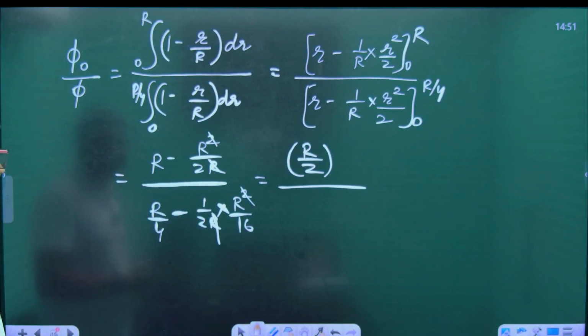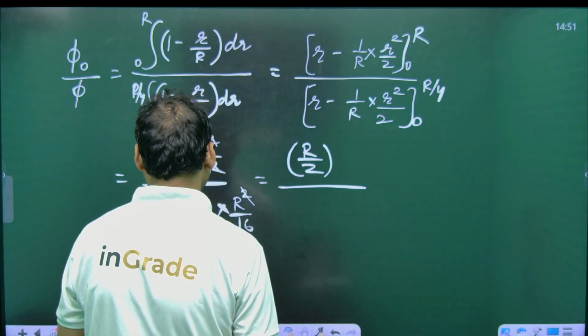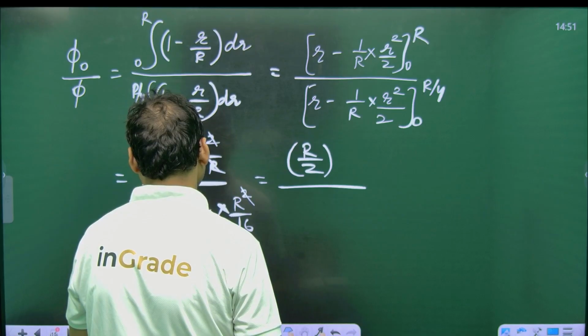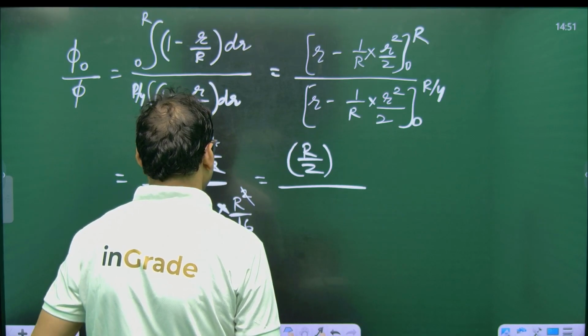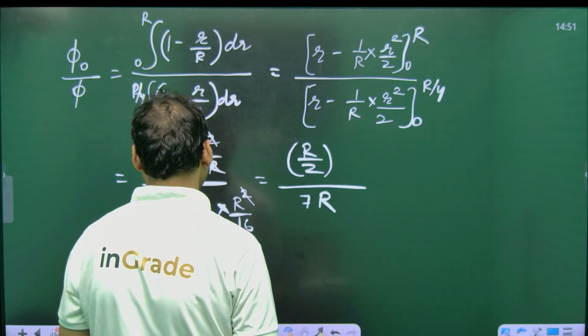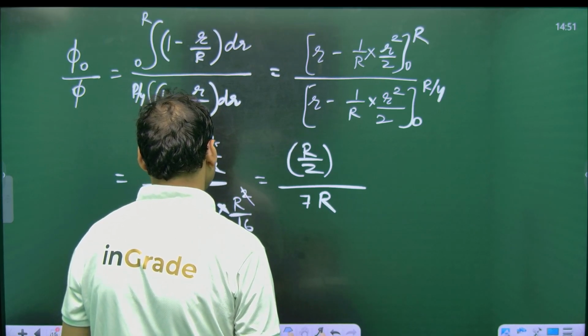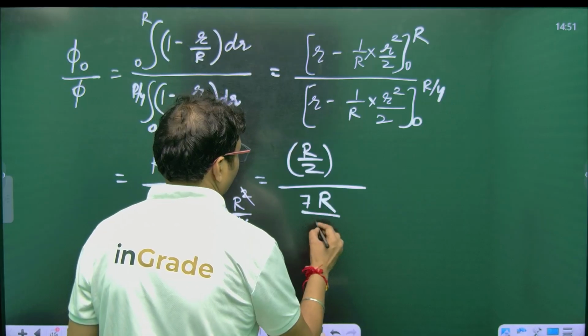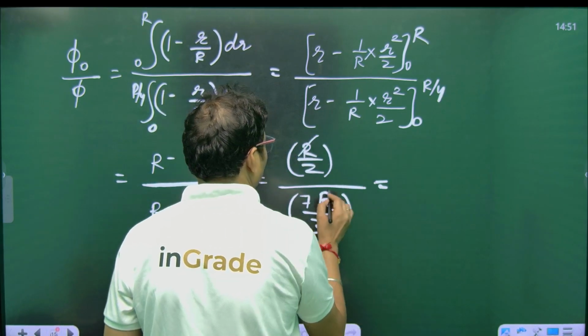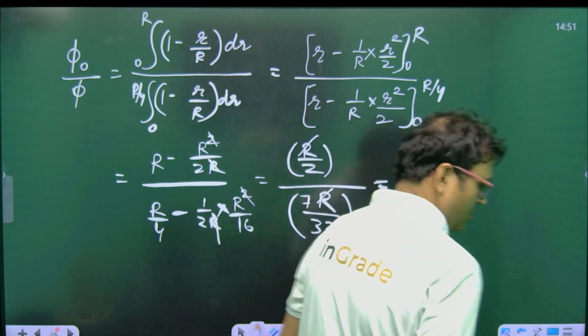R by 4 minus R by 32. Eight R minus R, 7 R upon 32.